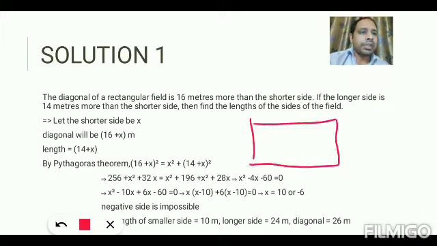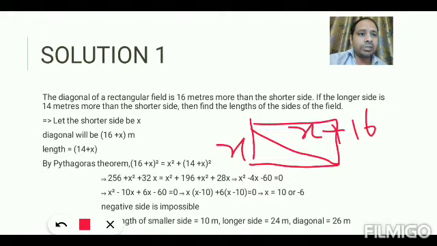It is very clear that the shorter side is this one. Let this be x, and this one is the diagonal. The length of the diagonal will be x plus 16 as per the question, and the length will be 14 meter more than the breadth, so x plus 14. Clear?